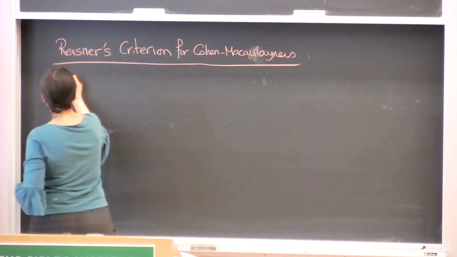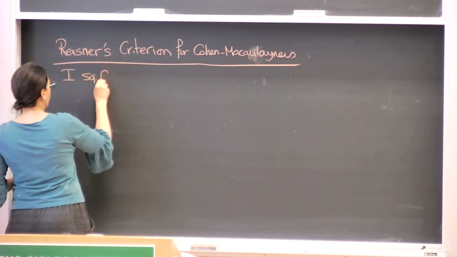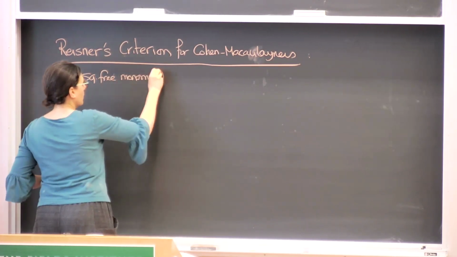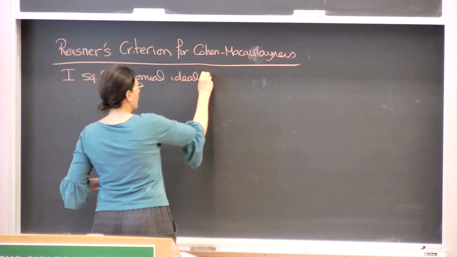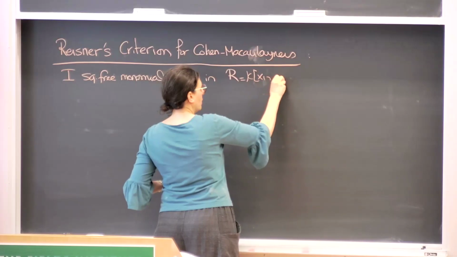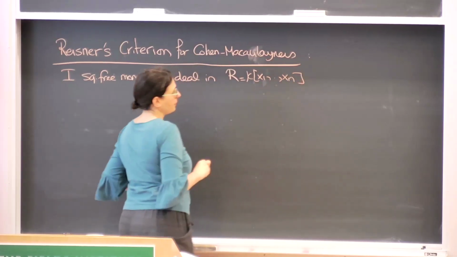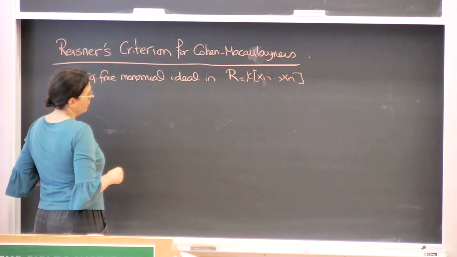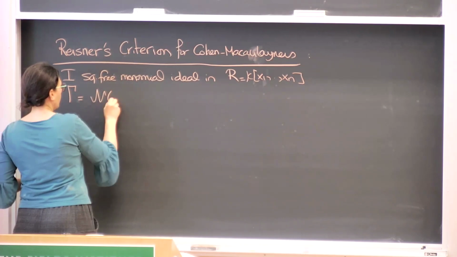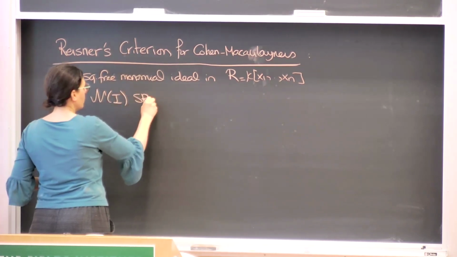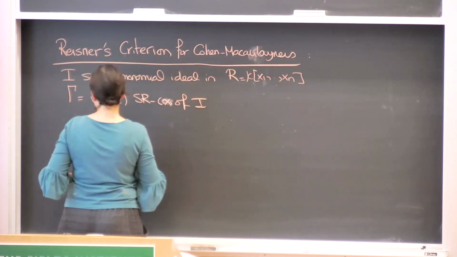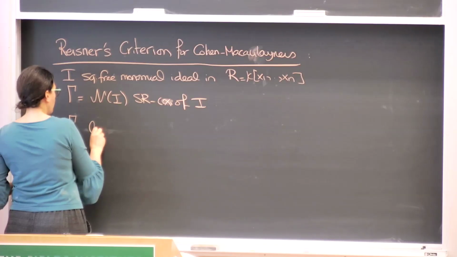Let I be a square-free monomial ideal in R, which is K of x1 to xn, and gamma is Delta of I, the Stanley-Reisner complex of I. Then gamma is Cohen-Macaulay.